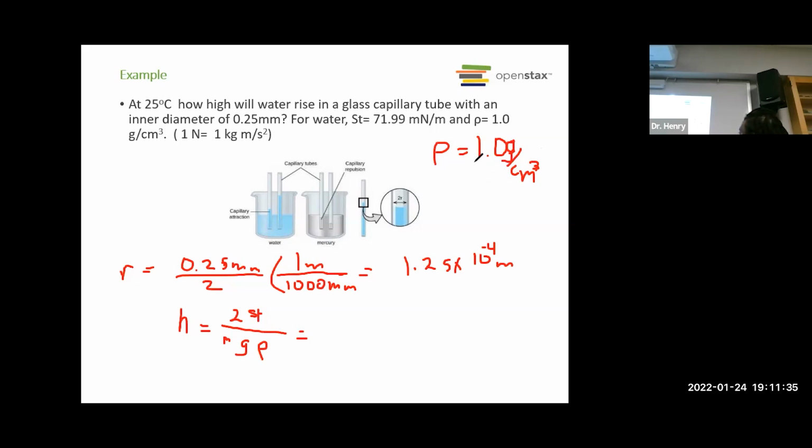Okay, so if we do that, let's just do it like this. If I want to go from cubic centimeters to meters, then I know that 100 centimeters cubed is going to equal 1 meter cubed.